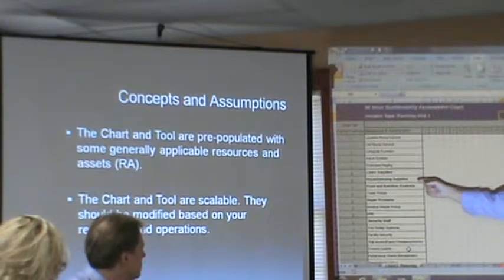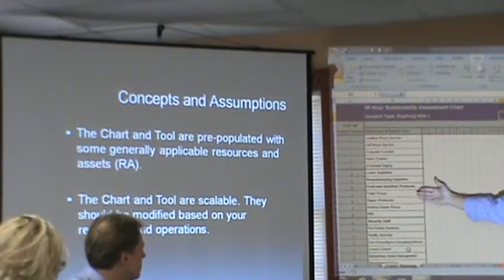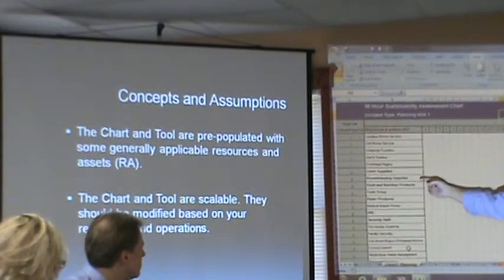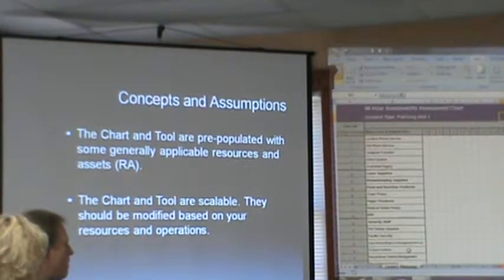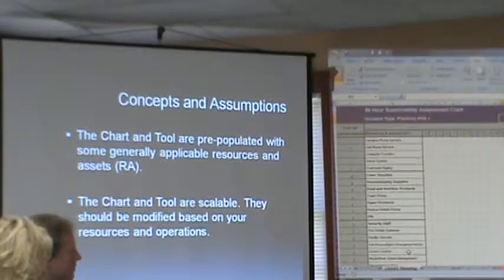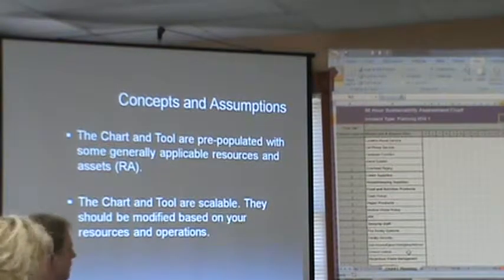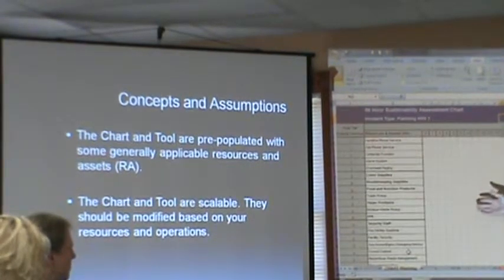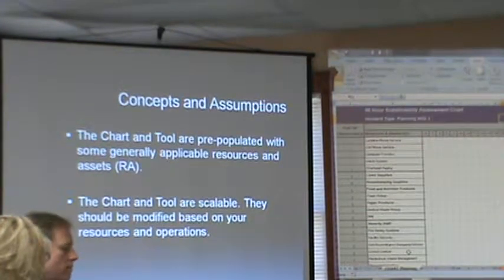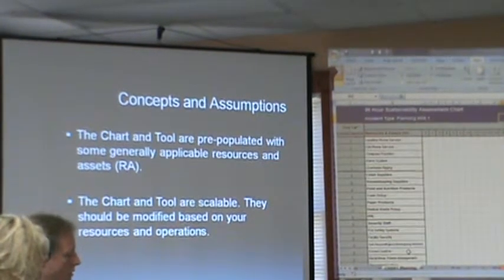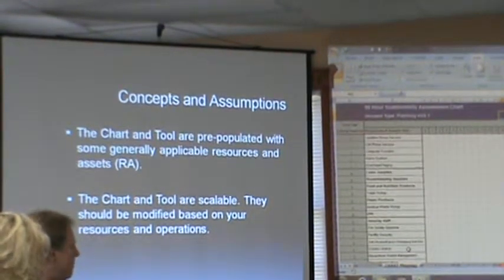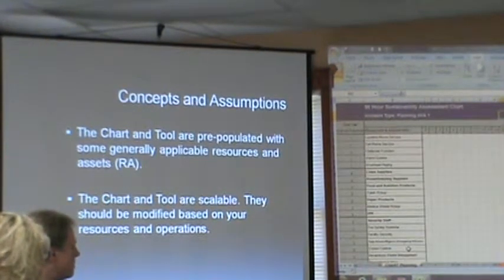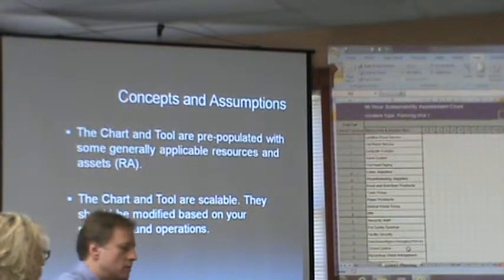They're meant to be detailed, expanded on, for instance, housekeeping supplies. If a hospital wants to detail what those housekeeping supplies are, they can do that. If they think for any reason that any of the items here are not essential to their emergency operations or don't apply, they can delete it. They can add on. So both the tool and the chart are meant to be modified, meant to be used as the hospital deems most appropriate.